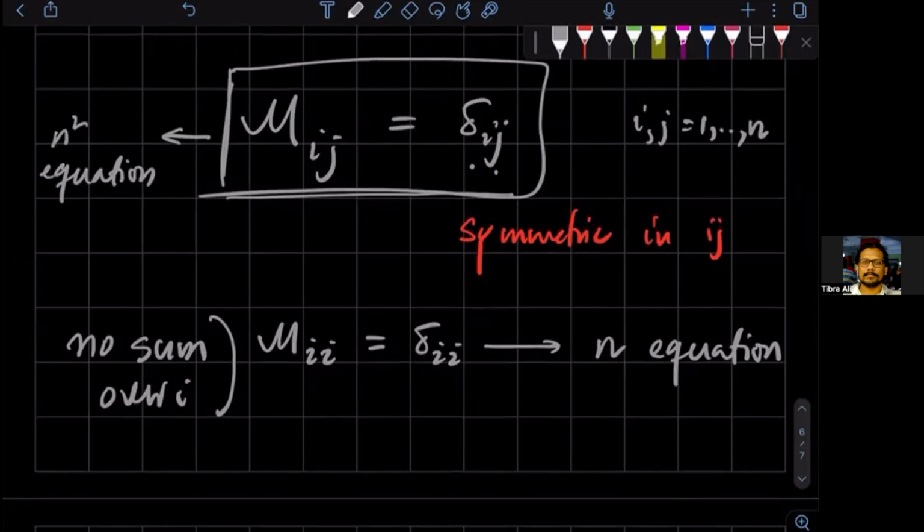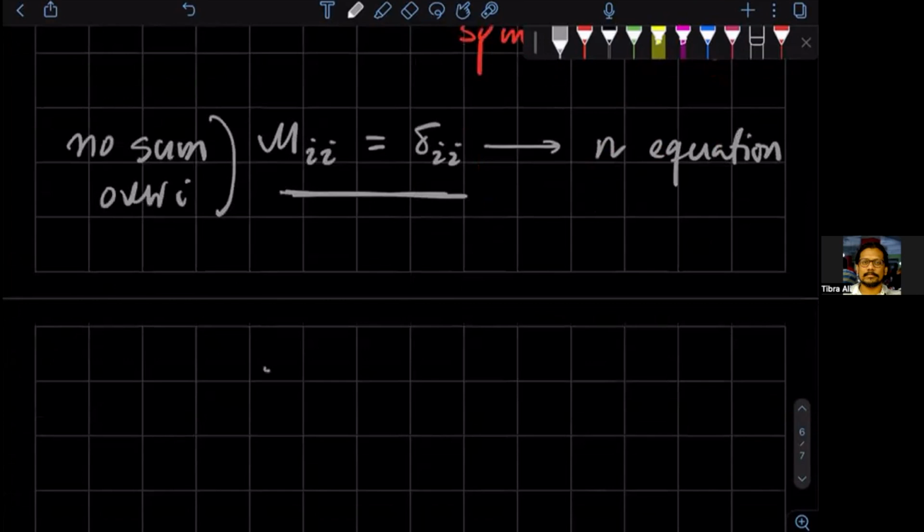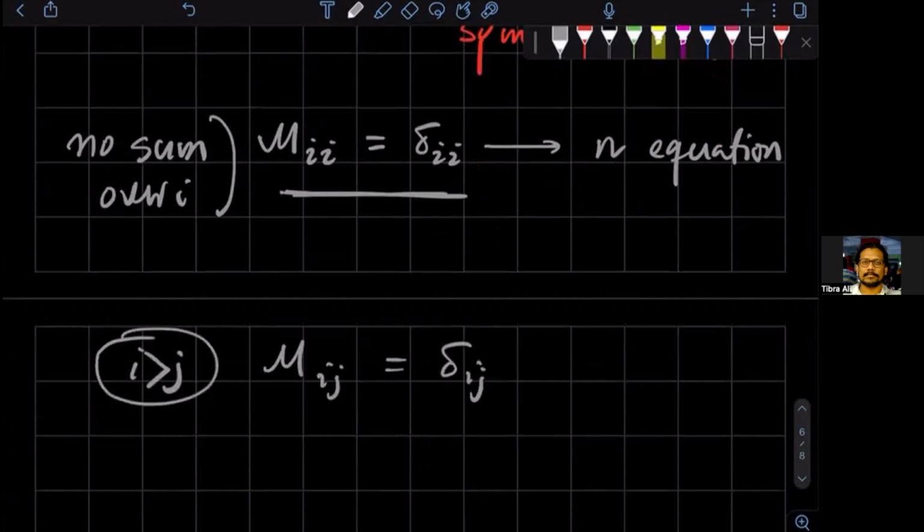So these are the diagonal equations, when i equals j. Now, when i is not equal to j, say i is greater than j, how many equations are there?